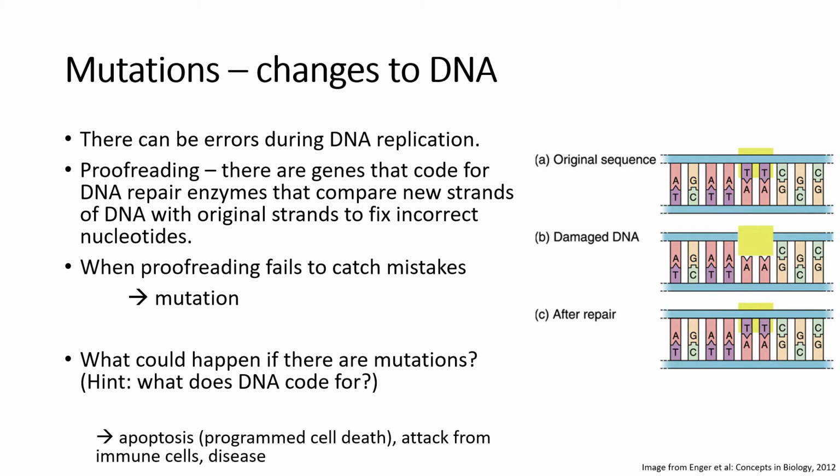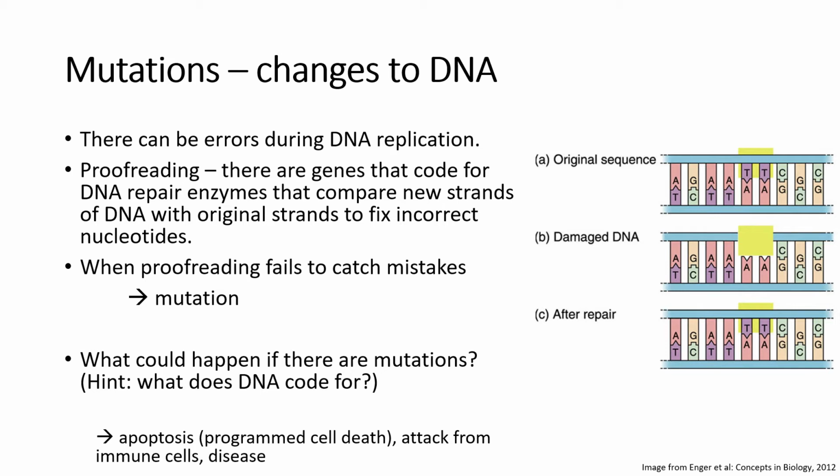Because the side chains of amino acids differ in their chemical and physical properties, that can result in changes in the three-dimensional shape of the protein and therefore render the protein inactive, right, non-functional.